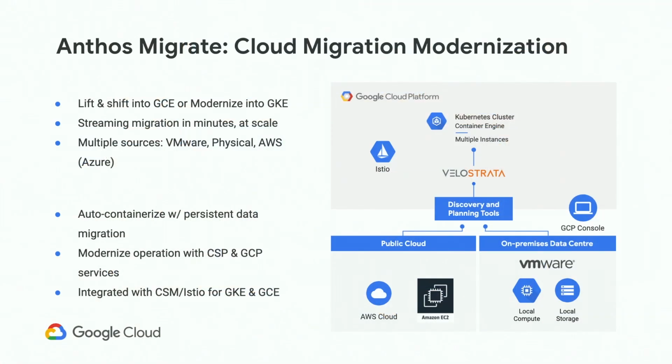So what is this at a high level? Sure. At a high level, the way to look at this is from a journey perspective, from the bottom to the top of the diagram. We take a customer environment, whether it's on-premise, for example VMware ESX, or on a public cloud, and then we take a workload that's running there and we move it to GCP.